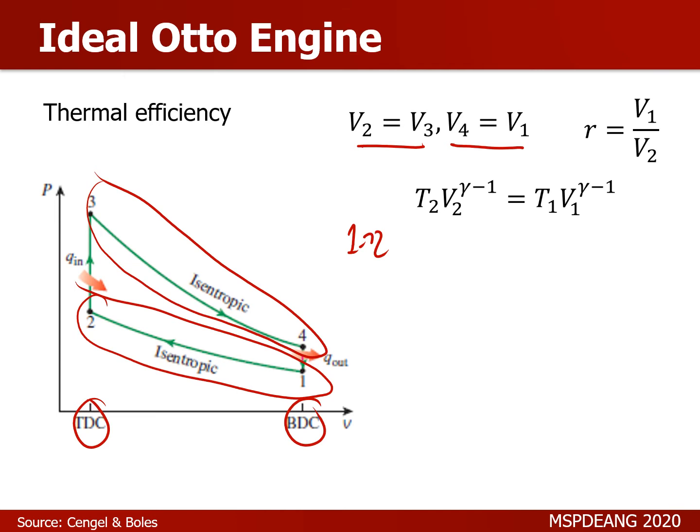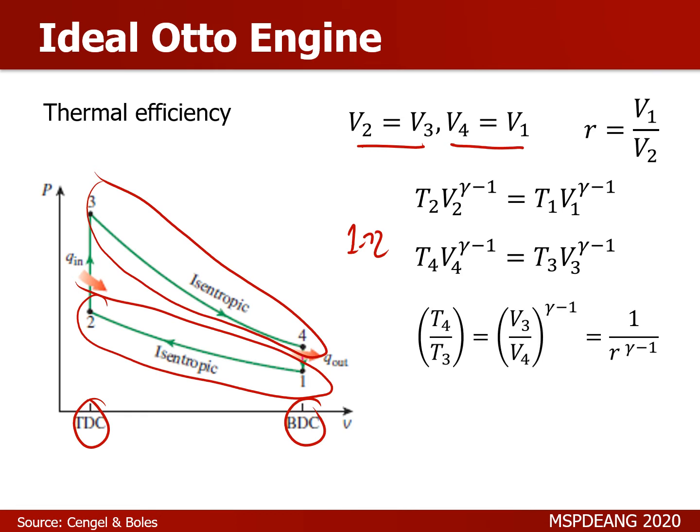And we can also define this for the isentropic expansion step, where T4 V4 raised to gamma minus 1 is equal to T3 V3 raised to gamma minus 1. Then we can rearrange this.